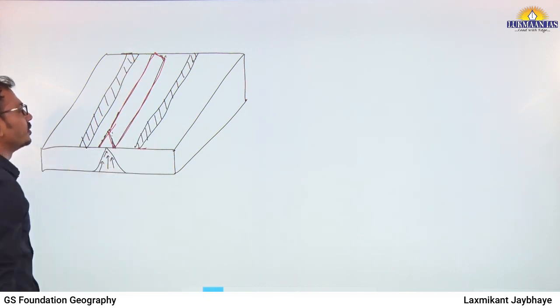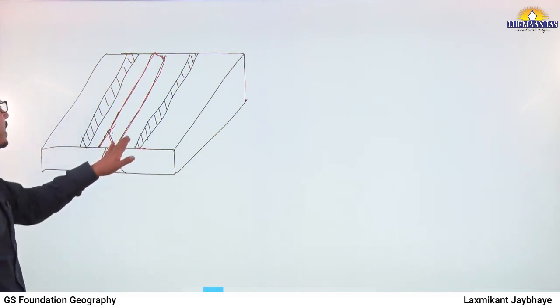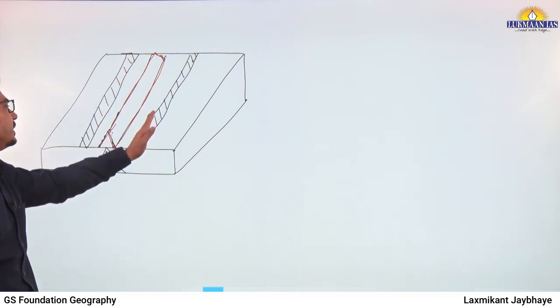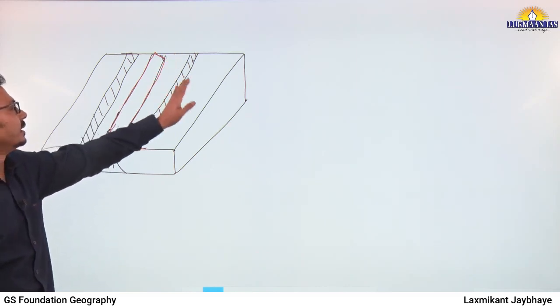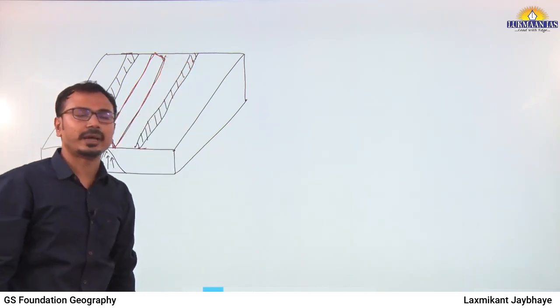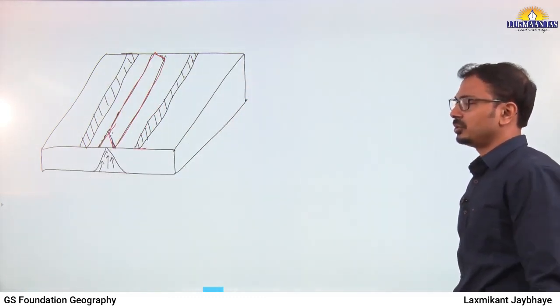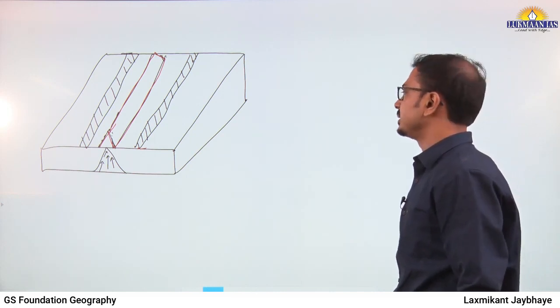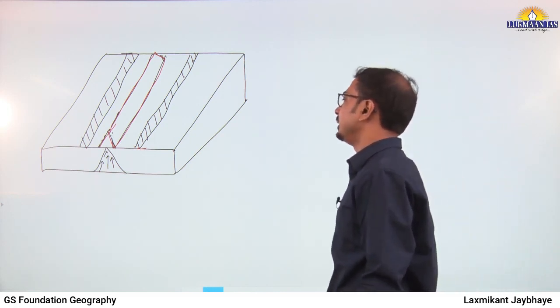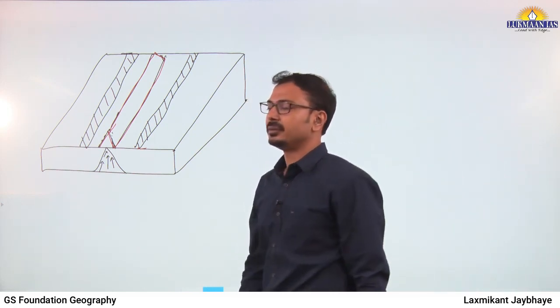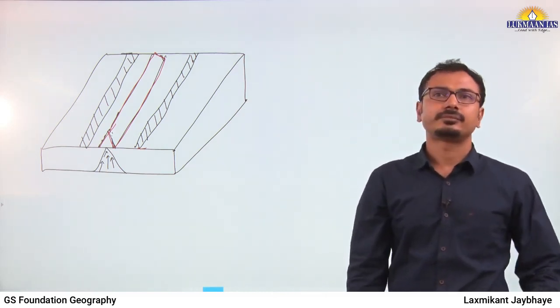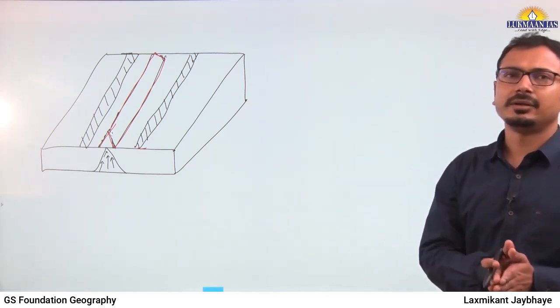You can show that the middle part has reverse polarity, this is normal polarity, then again reverse polarity, normal polarity. Such rock stripes can be shown with the magnetic properties of normal and reverse polarity. A small diagram can be drawn.